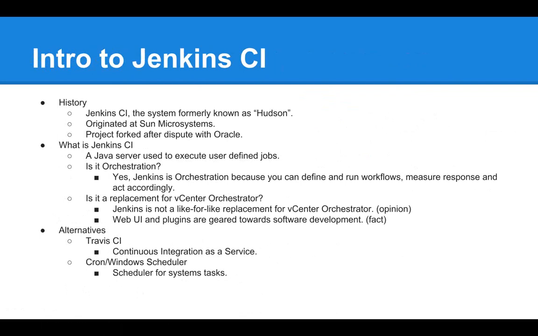At its core, Jenkins is really just a Java server, and it's used to execute user-defined jobs. You're presented with a web UI, go in, create a job, and Jenkins runs the job. Is Jenkins orchestration? Well, yeah, I guess so. It's kind of orchestration because you can define and run workflows.